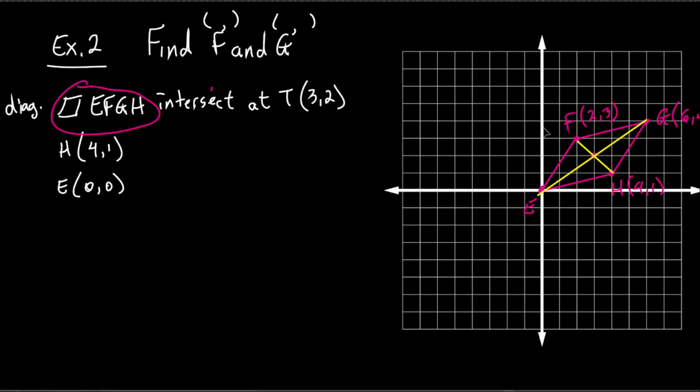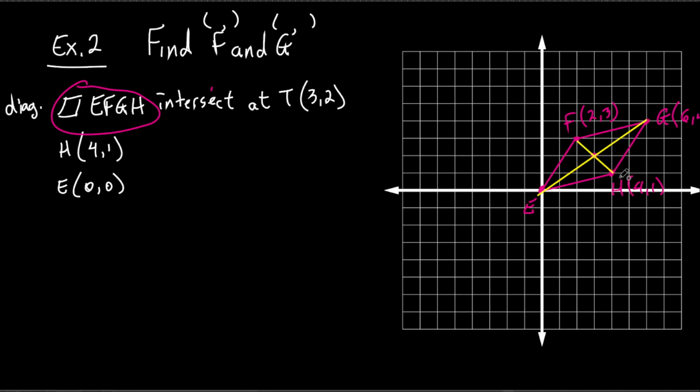Now remember, I put 2, 3 and I put 6, 4, but originally we didn't know what they were, okay? Originally we didn't know what that was until I started counting. But I do know that this point in the middle is what? 3, 2, isn't it? Everybody see that? So that's my midpoint. That's the midpoint of FH.